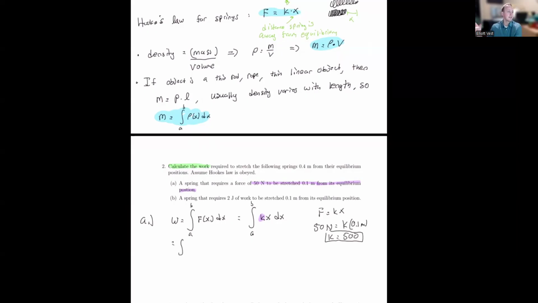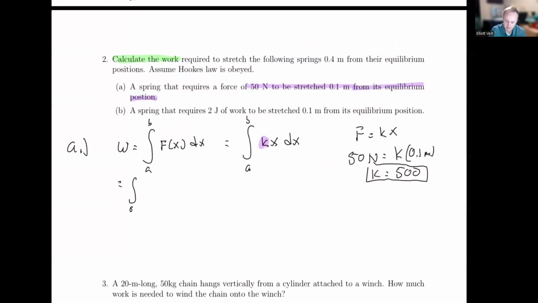We can find the bounds of the integration as well, because we know what the spring is. This tells us what kind of spring it is and what our constant is. However, we want to stretch this spring 0.4 meters from its equilibrium position. So we're starting at equilibrium, and we are stretching it by 0.4 meters, or contracting it by 0.4 meters, depending on how you view it.